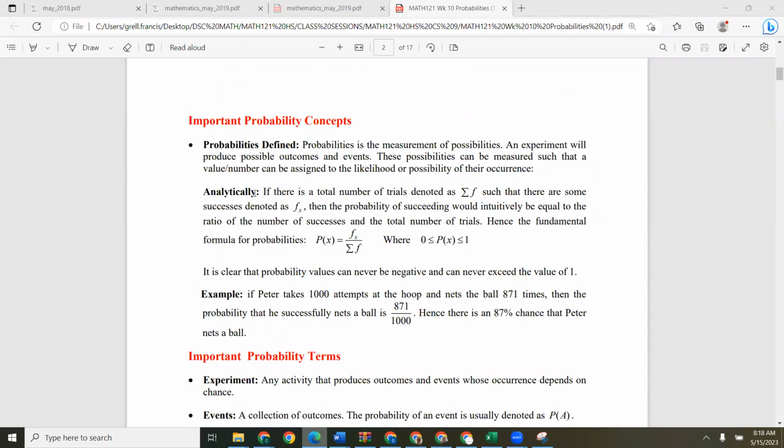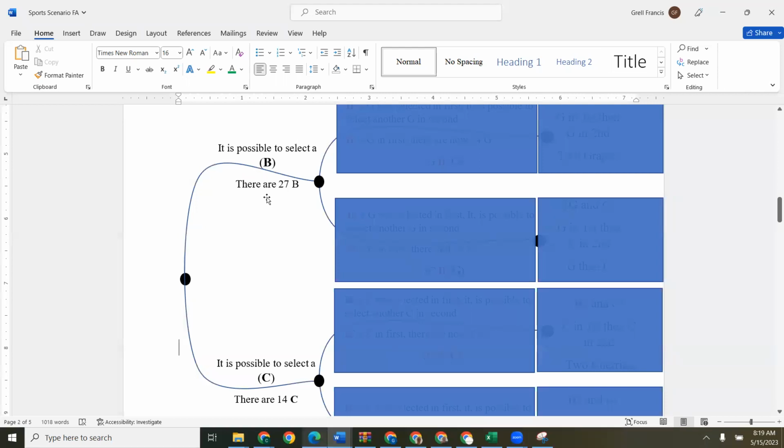Analytically, if there is a total number of trials or availability of that element, and you've got a number of successful trials, then the probability is the frequency of occurrence over the total frequency. So in the case of fruits now, simplified explanation, in the first selection, there are 27 berries out of the 41 fruits.